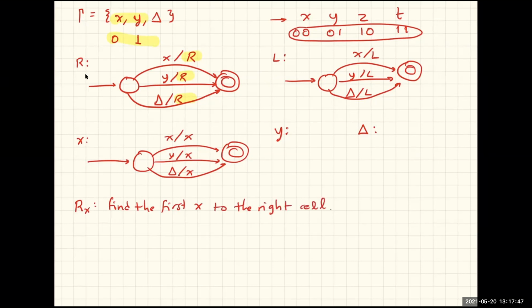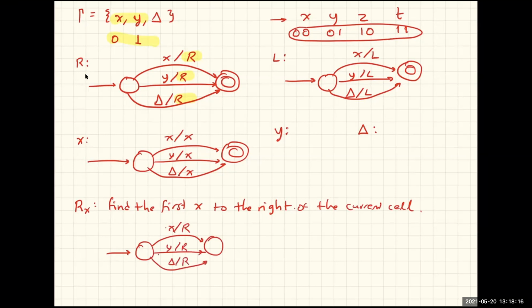Thank you. So find the first X to the right of the current cell. And because it says to the right of the current cell, the first thing this machine will do is move to the right, no matter what it reads, an X, a Y, or a blank space, and then it will keep moving to the right until it finds an X, and then it will halt.